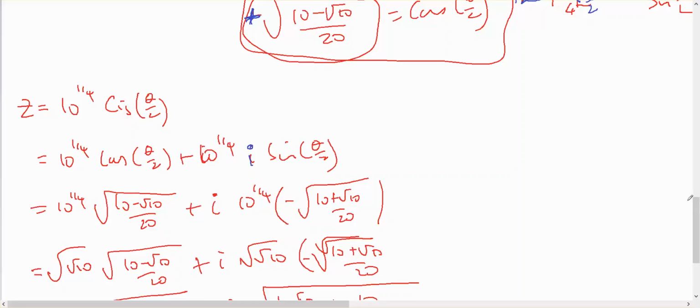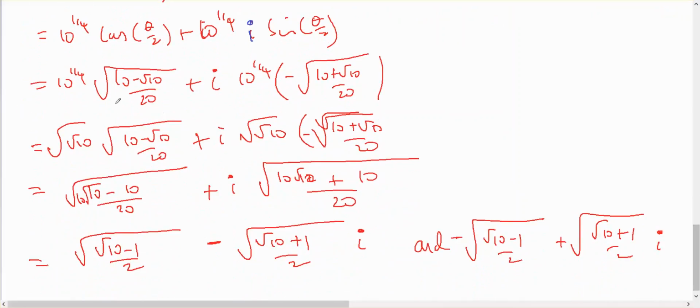The negative is on the sine. 10 to the 1/4 is the square root of root 10. Since I've got the square root of root 10, I can put the root 10 with these, which gives me the square root of 10 root 10 minus 10, because root 10 times 10 is 10 root 10. Root 10 times root 10 is 10. There's a cancellation of a 10 there, so I've got root 10 minus 1 over 2.